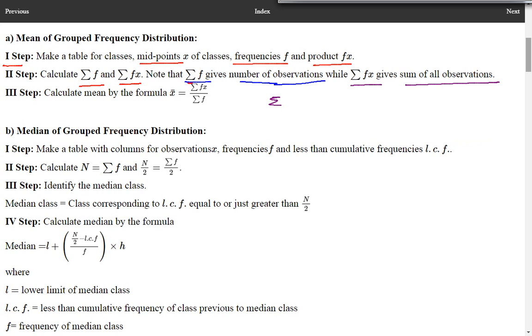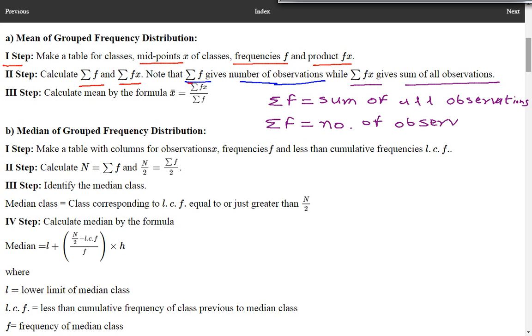I repeat, summation fx is sum of all observations and summation f is number of observations.